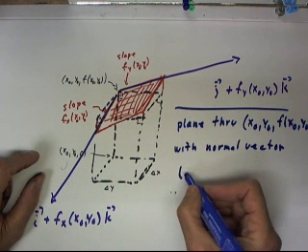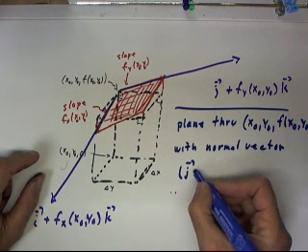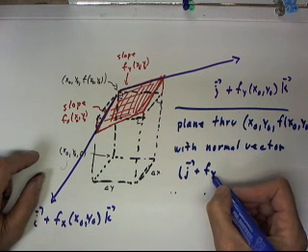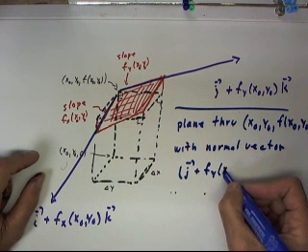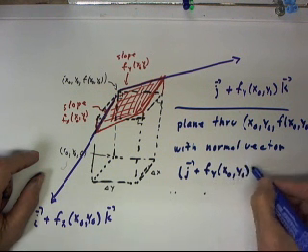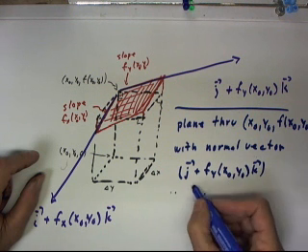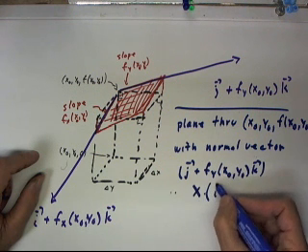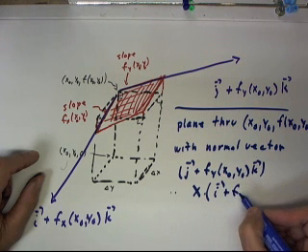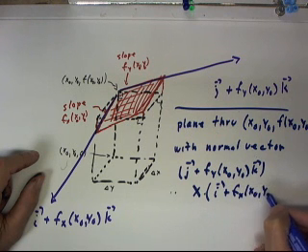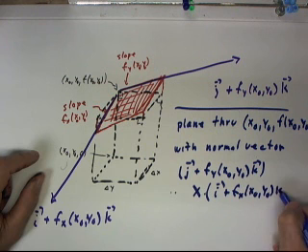It's going to be j plus fy of x0, y0, k crossed with i plus fx of x0, y0, k.